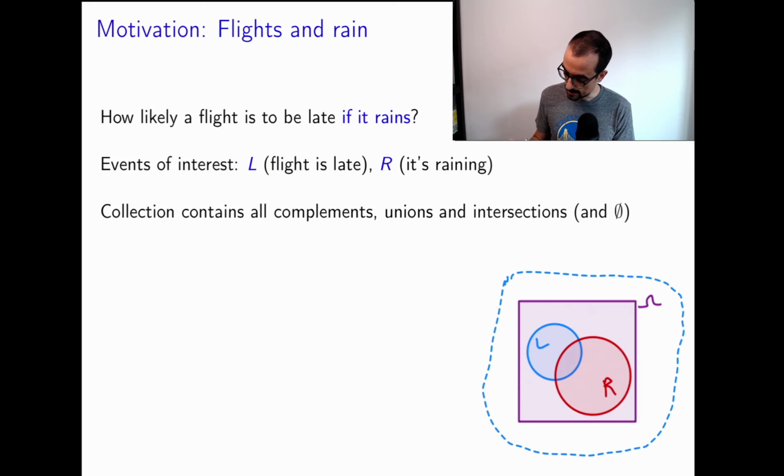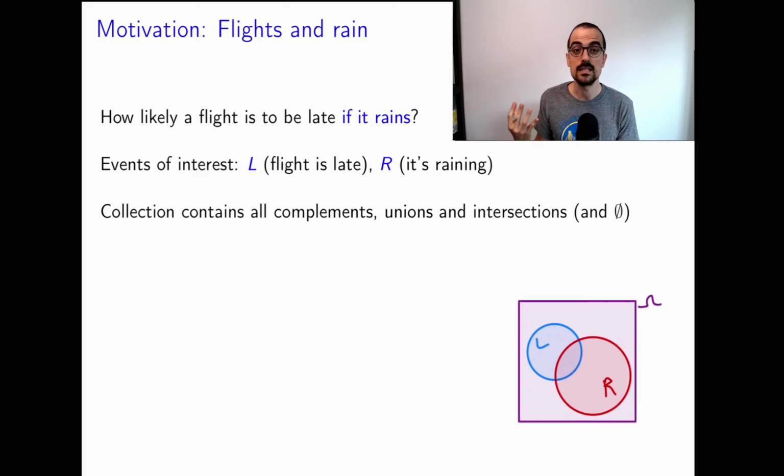Remember that when we defined a probability measure on a probability space, a reasonable strategy is to assign probabilities to a small partition of events. By small, I mean a partition of small events that essentially cover everything we're interested in.